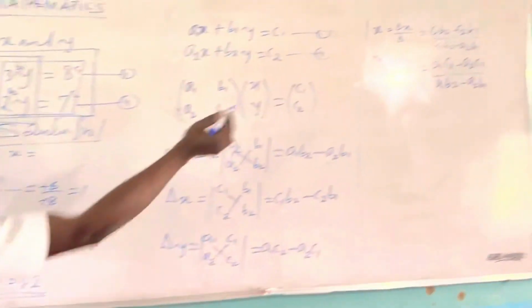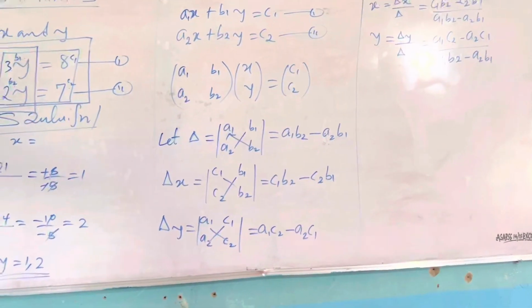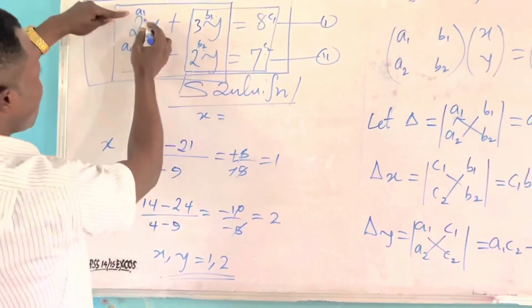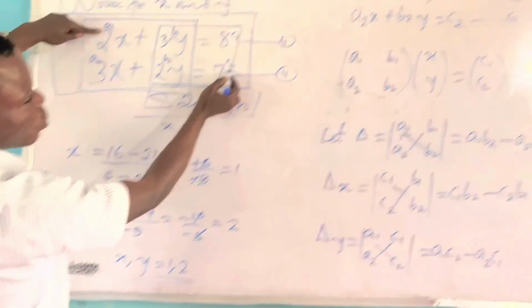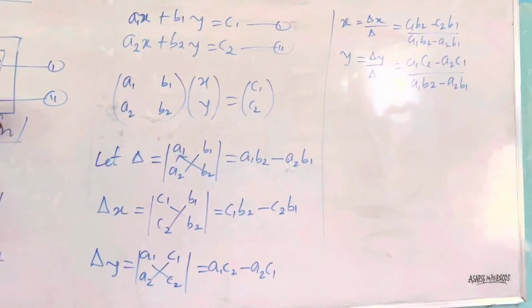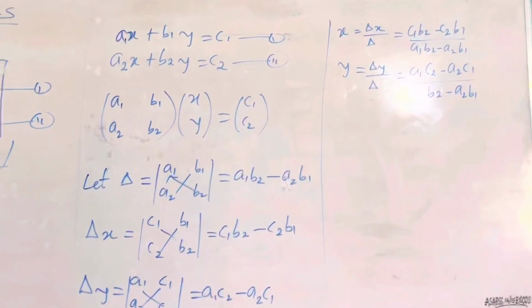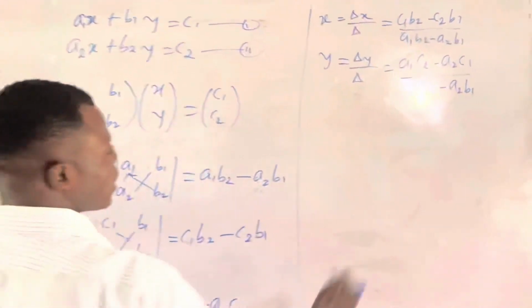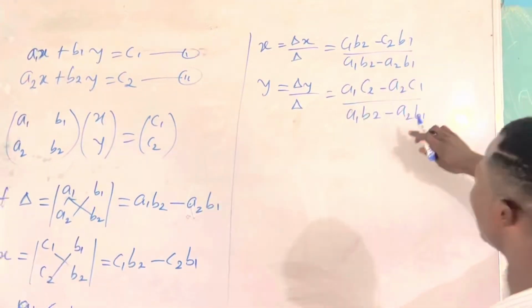Then for y, we have A1 times C2 minus A2 times C1, divided by the general determinant.